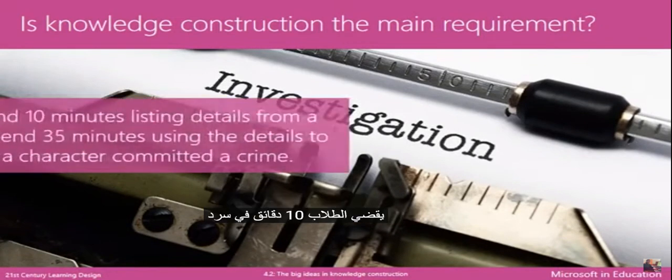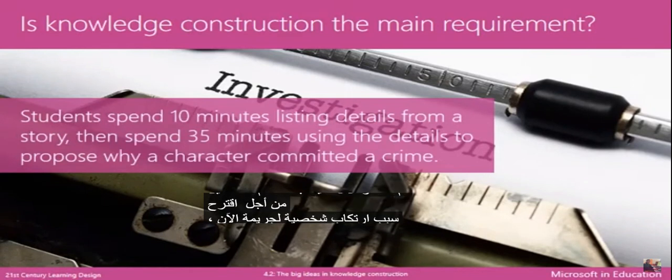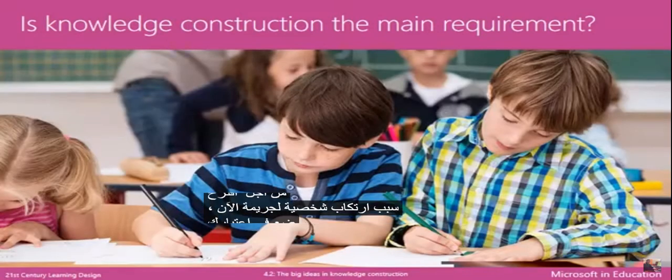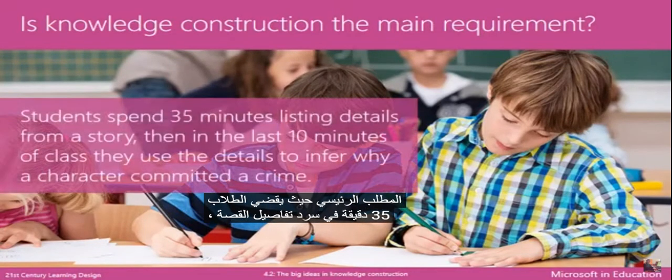Students spend 10 minutes listing details from a story, then spend 35 minutes using the details to propose why a character committed a crime. Now consider if knowledge construction is the main requirement, where students spend 35 minutes listing details from a story, then in the last 10 minutes of class, they use the details to infer why a character committed a crime.